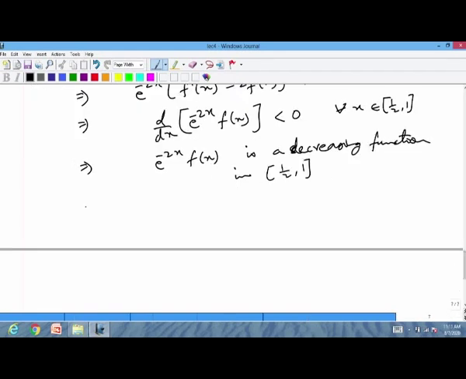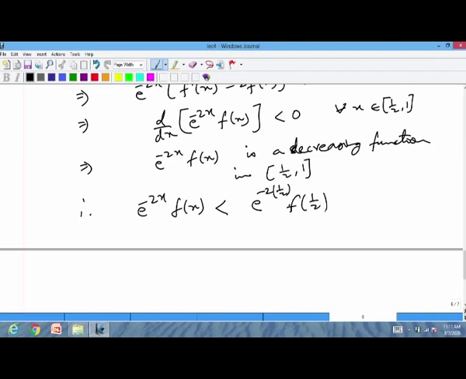So, therefore, e to the minus 2x f x will be strictly less than e to the power minus 2 times half times f at half for all x greater than half.